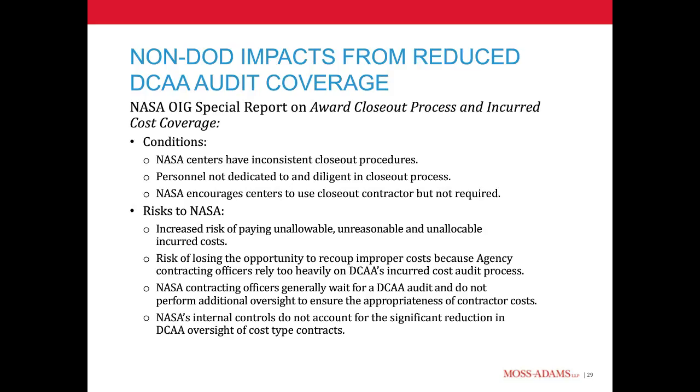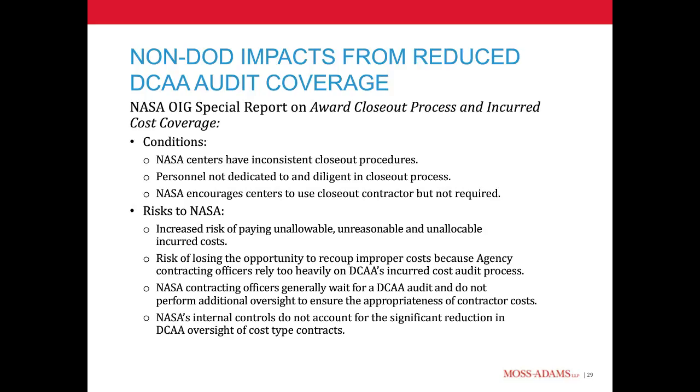So the risks to NASA that were mentioned in those reports are the increased risk of paying unallowable, unreasonable, and unallocable incurred costs. So those are similar to what we're seeing for other agencies. The risk of not having timely audits done are those same risks. And the risk of losing the opportunity to recoup improper costs because agency contracting officers rely too heavily on DCAA's incurred cost audit process.